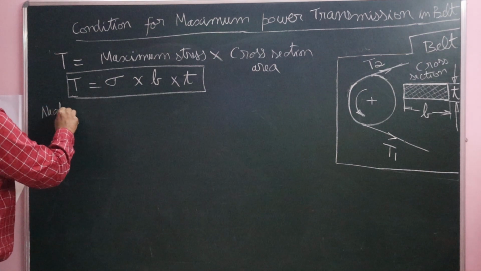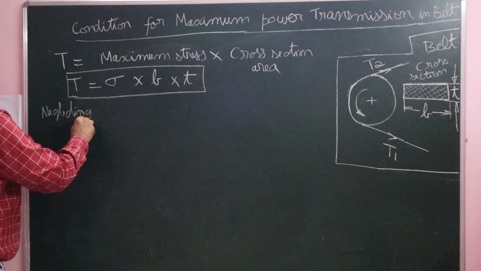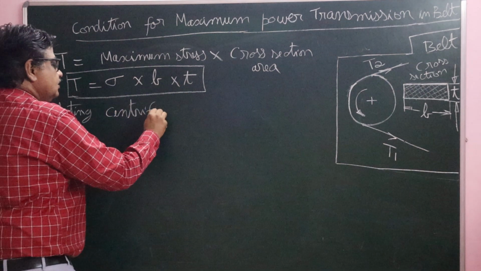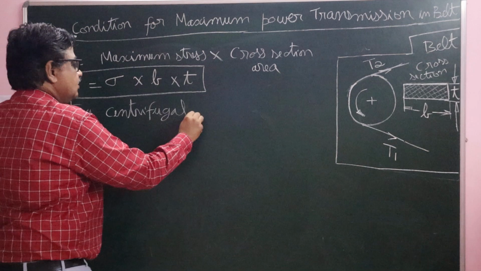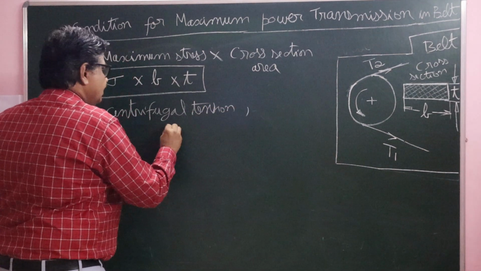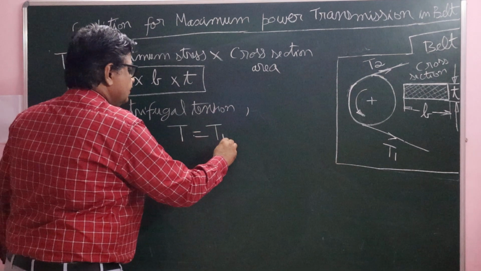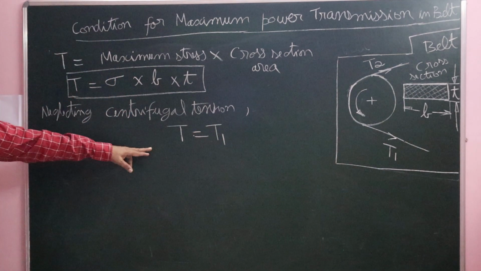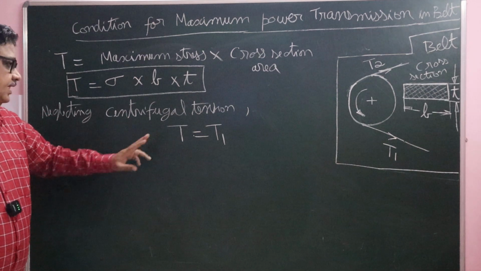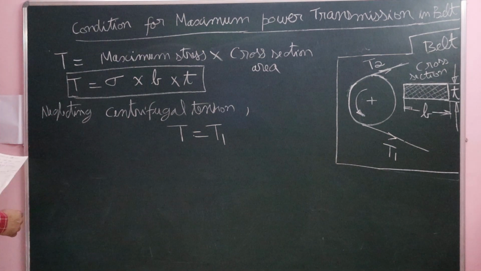Neglecting centrifugal tension, T is equal to T1. Maximum tension becomes the tension in the tight side.